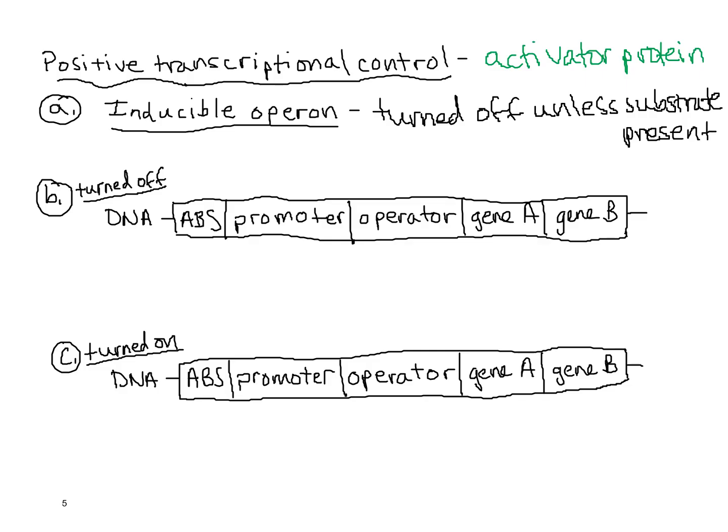Okay, so if I put this scenario on the test, the next thing I would ask after asking you to define what an inducible operon is would be, how would this inducible operon be turned off if it's under positive transcriptional control? We've got to think about where the activator protein would be if this operon is turned off. If it's turned off, the activator protein would not be bound to the activator binding site.